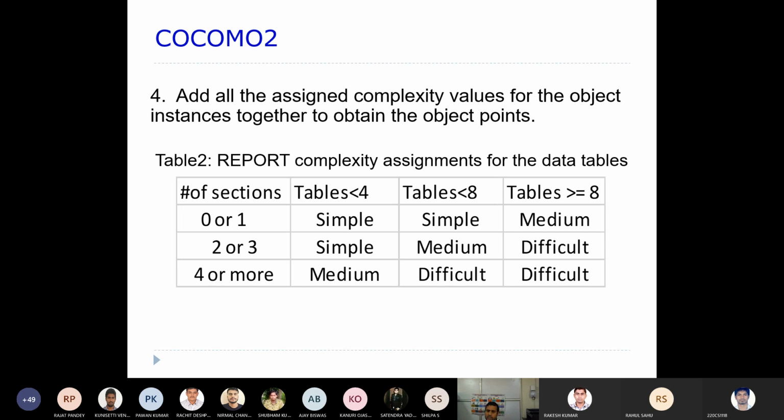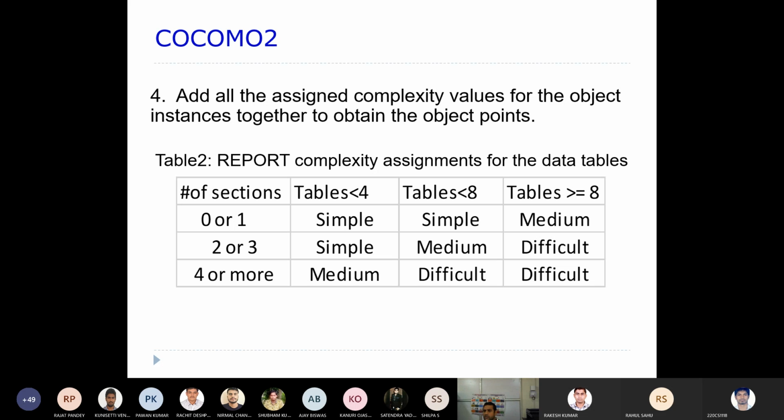Now in the fourth step, you add all the assigned complexity values for the object instances together to obtain the object points. Let's say you have 4 or 5 instances of a particular object.